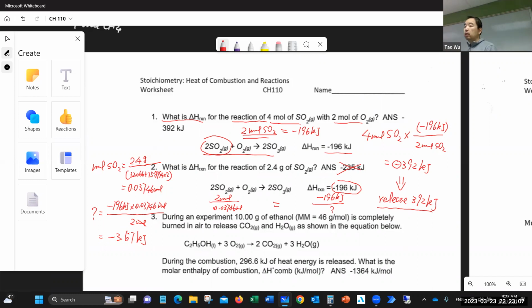Right? Okay, so this is what we call stoichiometry, but this stoichiometry involves the heat of combustion and reactions. That's why I'm saying stoichiometry is the most important part in chemistry. And in the titration lab, we're going to do lab 50, lab 70.